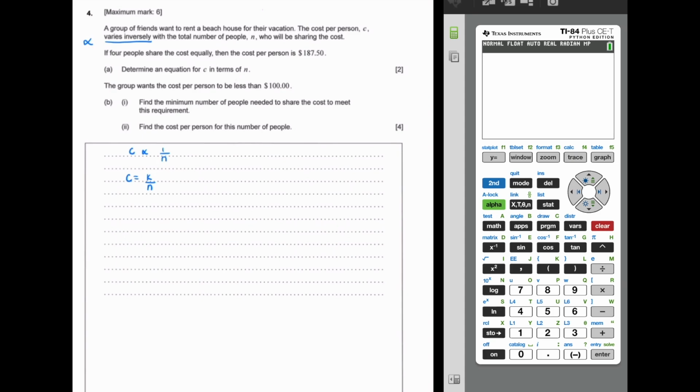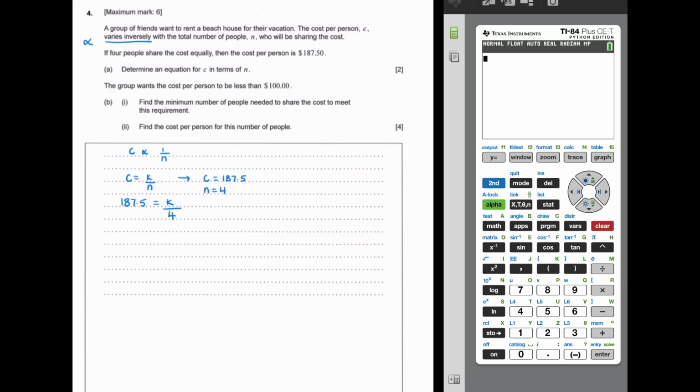Now we know that when the C value is 187.5, then the N value is 4. We know that 4 people go, so we can use that to substitute into our equation. So we have 187.5 is equal to K divided by 4.